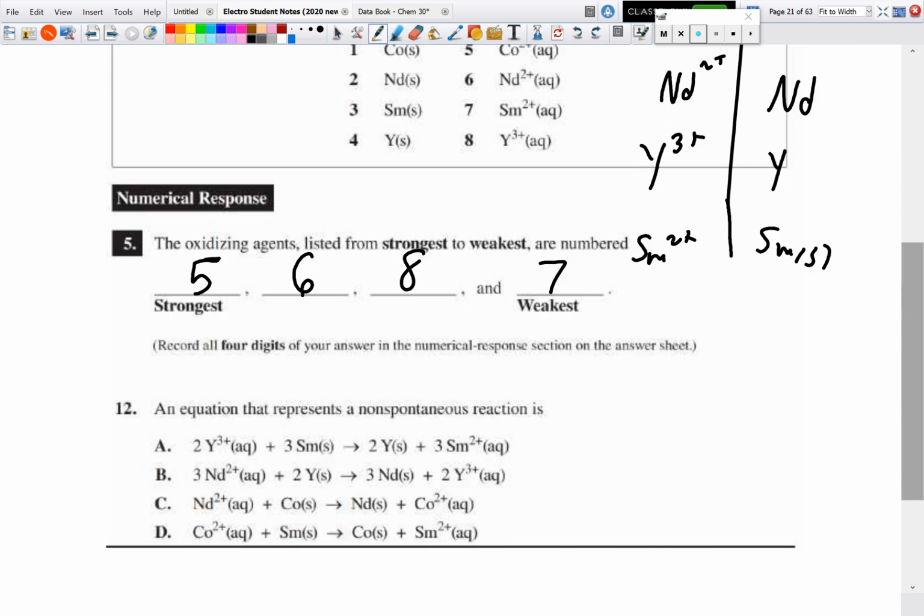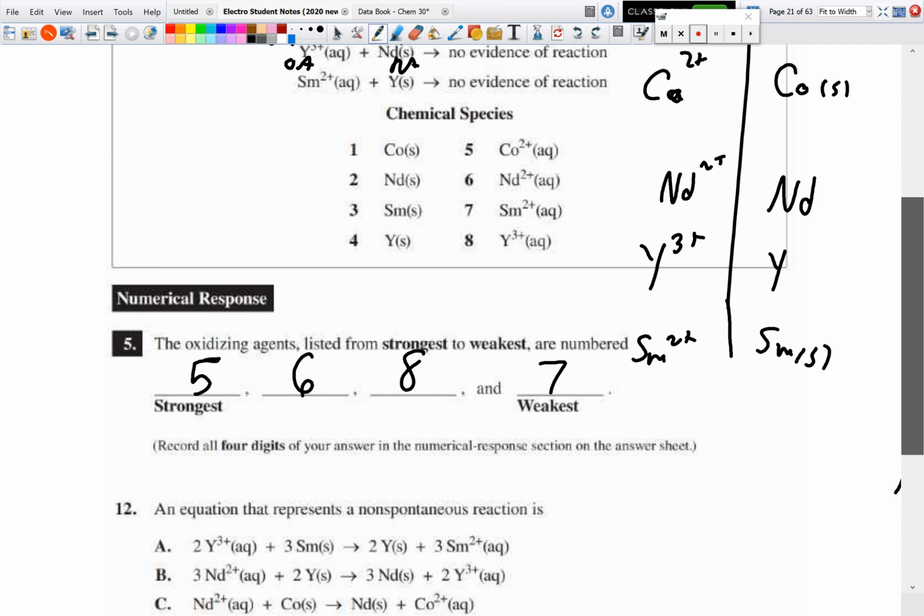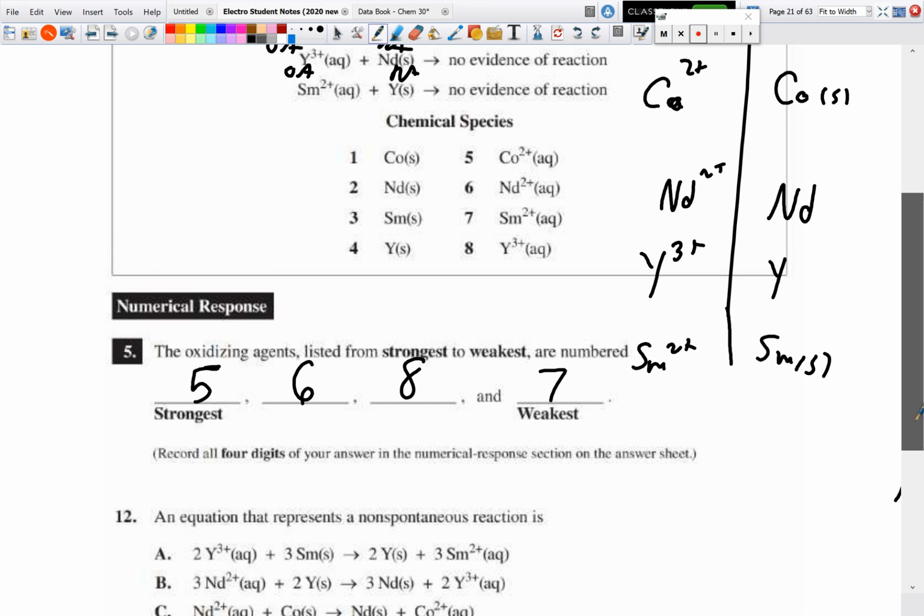And of course, using our information up here, which equation represents a non-spontaneous reaction? So what we're doing is using the table that we have generated and looking at their positions between oxidizing agent and reducing agent.